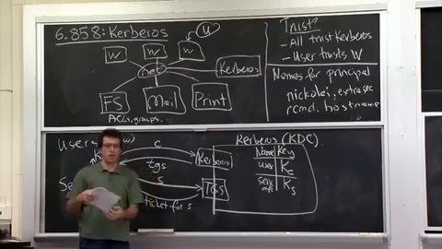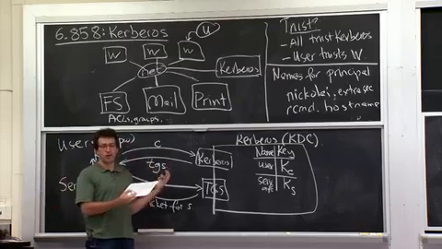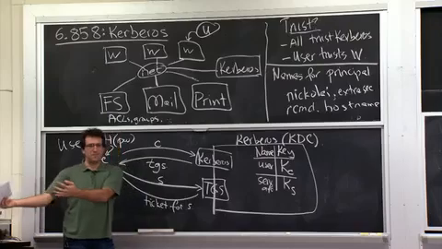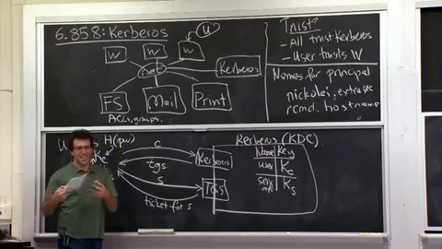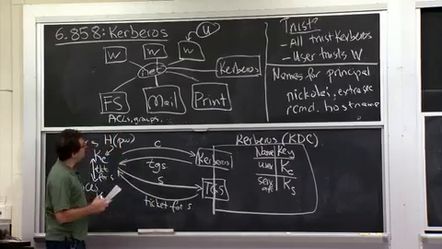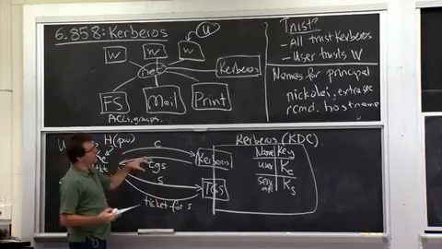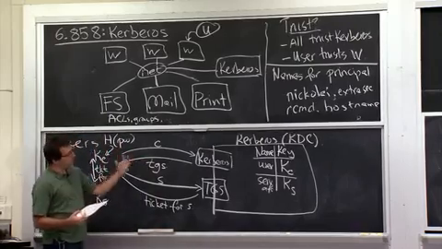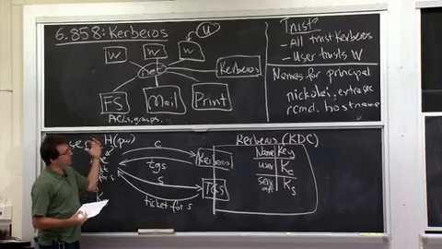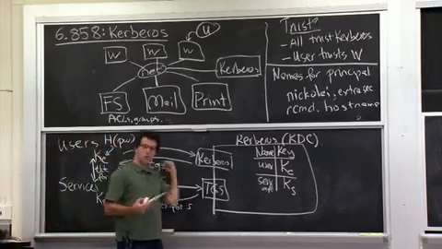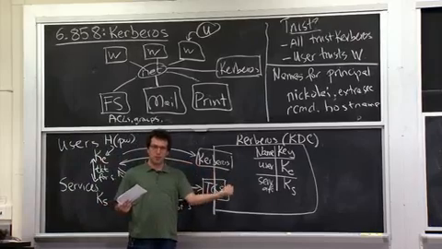Because maybe I'll look at the grades file and submit it to the registrar. It would be too bad if some file server can impersonate the response and give me the wrong grades file all of a sudden. So this is why the service principals also need their own name, and the workstations need to figure out what name they should expect to see when they connect to the service.